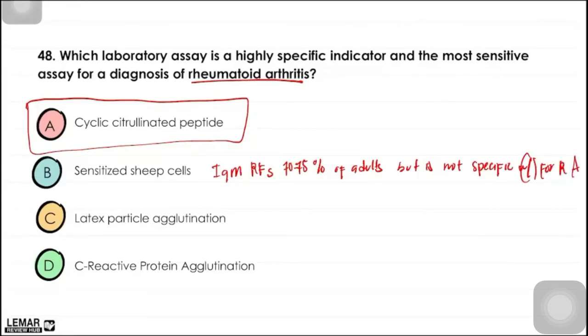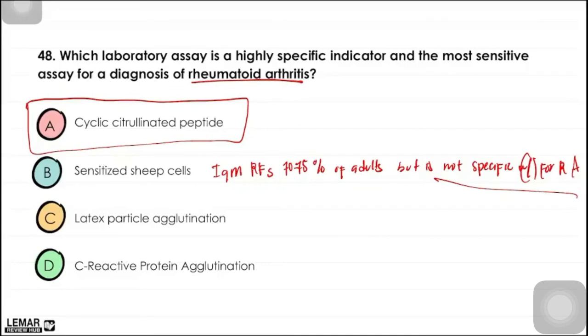So some adults would present 70 to 75% of rheumatoid factor but not present symptoms of rheumatoid arthritis. So it is not specific for rheumatoid arthritis.